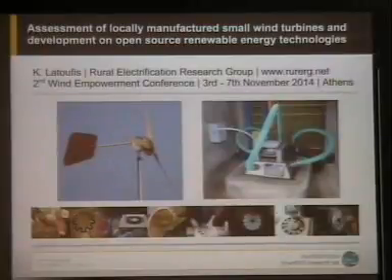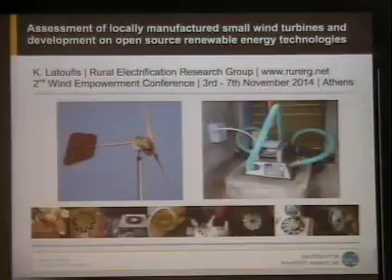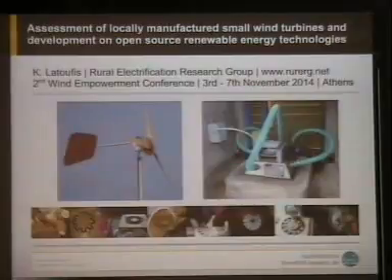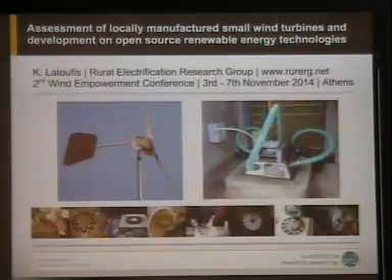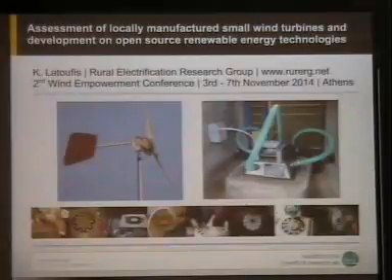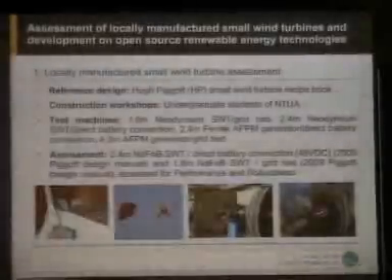Okay, so I will quickly give an overview of the assessment, all the tests we have done so far, of the 2.4 meter turbine as described in the 2005 manual. It's more or less the same as the recipe book, but there are some modifications on the blades, along with some other generators that we have built here.